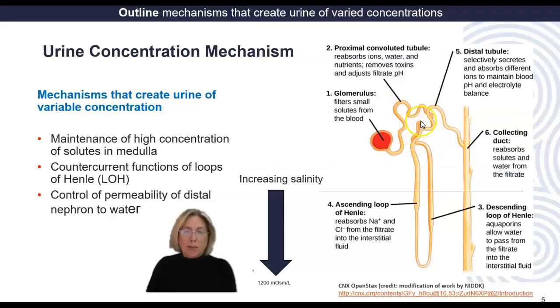So obviously the filtrate will flow down this way through the descending loop of Henle and then back up in the opposite direction towards the cortex there in the ascending loop of Henle. And then also the control of the permeability of the distal nephron to water via those hormones that we're going to talk about, okay? And so all of those things will allow us to produce urine of variable concentration.